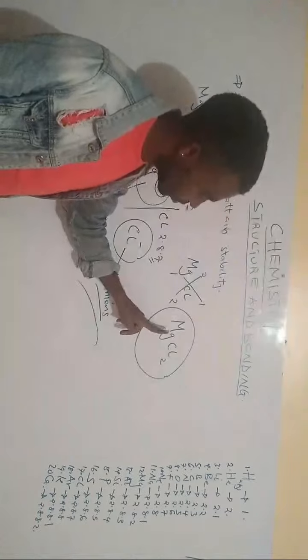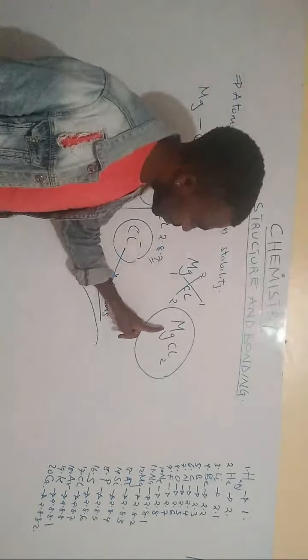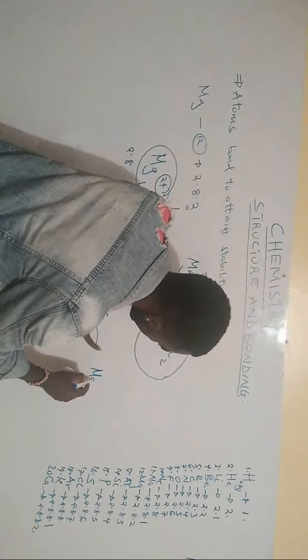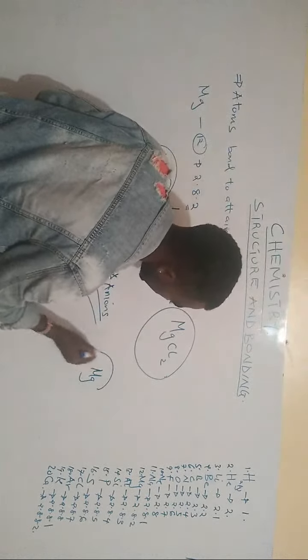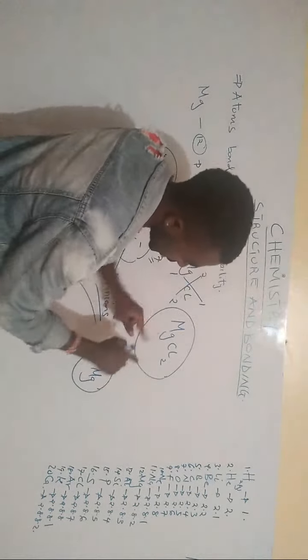If we were to draw the structure of magnesium chloride, it is magnesium here, and I can represent the number of electrons in the outermost energy level. It is attached first to 2 chlorines. So we have the first chlorine that way.